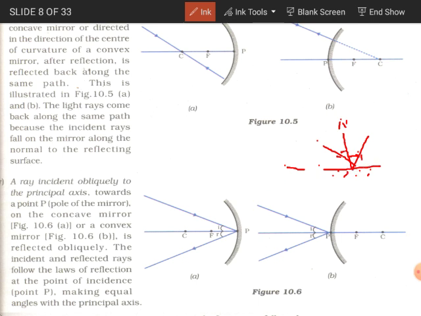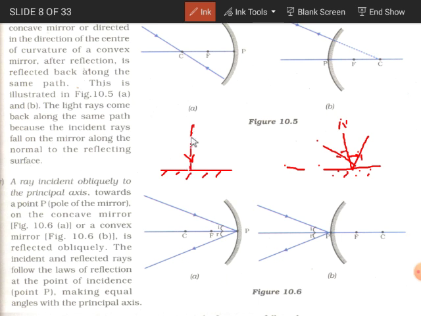Suppose if it happens to incident like this. Suppose this is the mirror, got it, and suppose this is a normal, normal to this reflecting surface, and if your incident ray passes through this same normal, then naturally where will be the reflected ray?